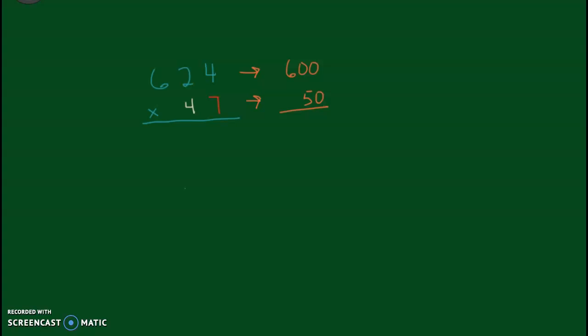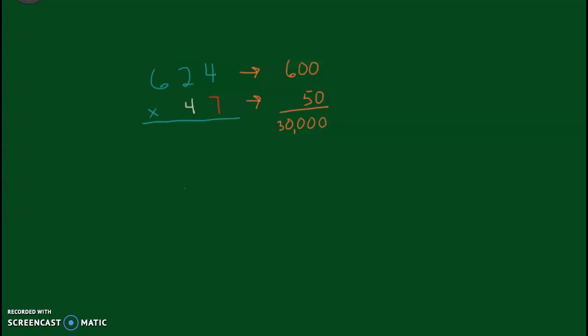And 600 times 50, we've been practicing these. There's a variety of ways to think about it, but this ends with 3 zeros. So we're going to put down our 3 zeros. And then 6 times 5 is 30. So our estimate for this problem is approximately 30,000.